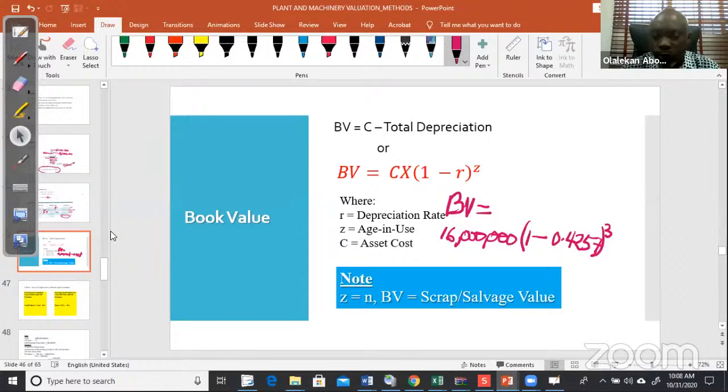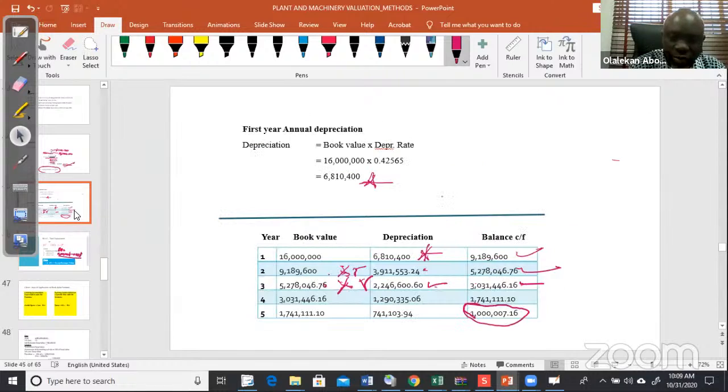This is what you will compute out. Don't forget that 16 million here is multiplied by what is in brackets. The moment you compute this out, you will get the book value at the end of the 3rd year, save maybe an approximation error, which is what I got here.